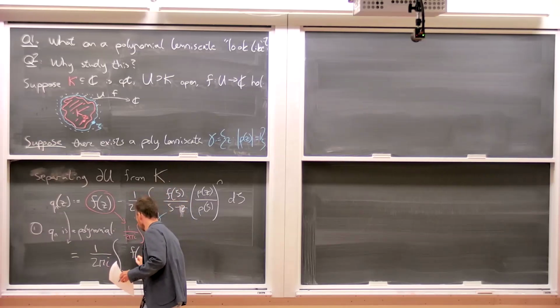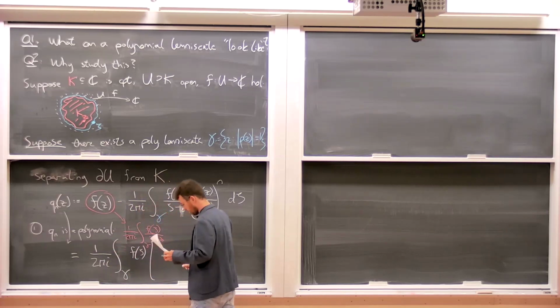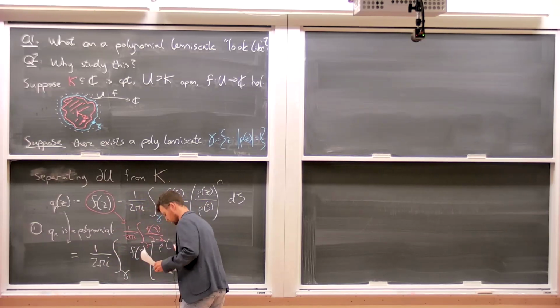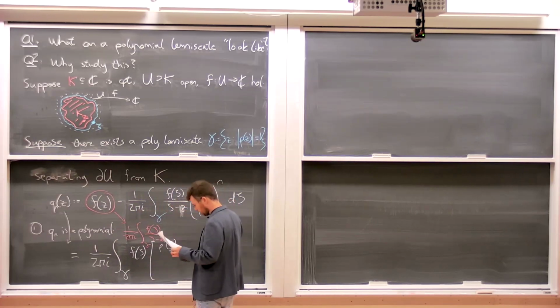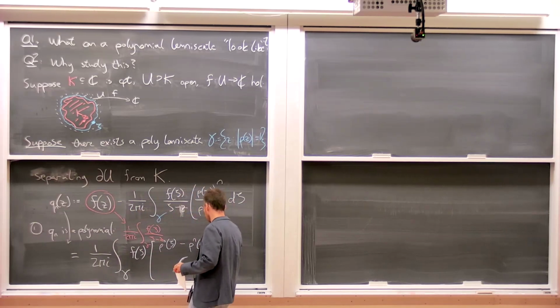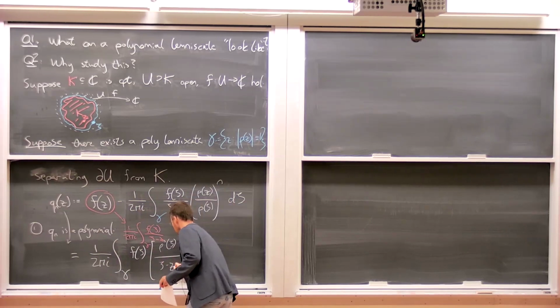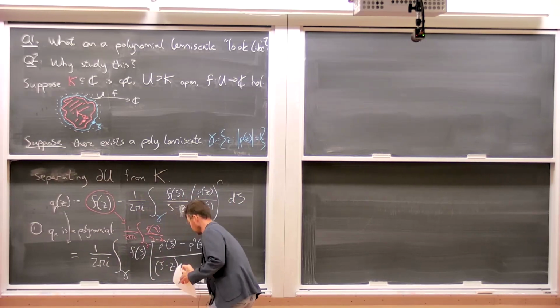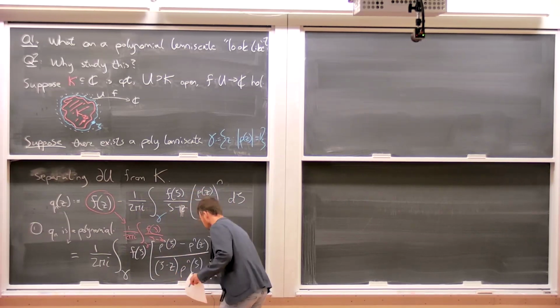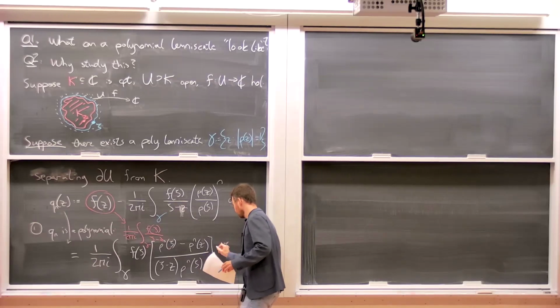The f term factors out, and we have P_n of zeta. So the nth exponent is not an iterate, it's a power. P^n of zeta minus P^n of z divided by zeta minus z times the nth power of p of zeta. So this is just when you add those two fractions. And the integral is with respect to zeta.